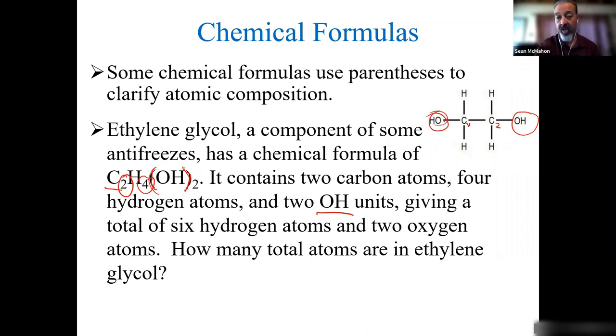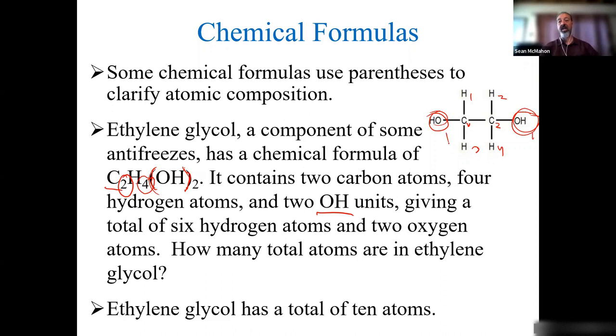So the 2 OHs, that's actually 4 atoms. So I have 1, 2 carbons, 1, 2, 3, 4 hydrogens, that's 6 atoms, plus 1, 2 OHs, another 4, that's a total of 10 atoms.